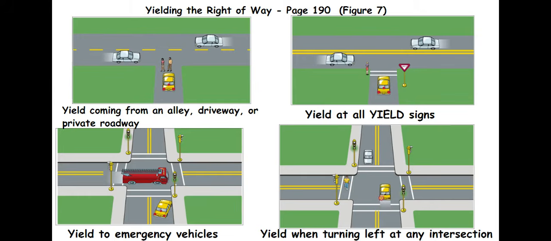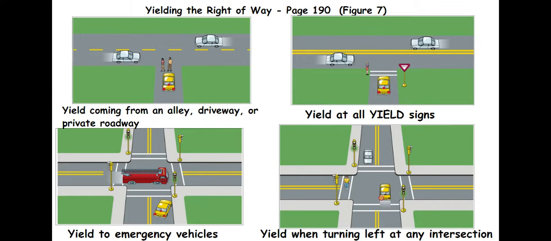In these examples, you now see another type of intersection. The top two refer to a T intersection. One is controlled with a yield sign. One has no control signs. But again, you're yielding the right of way to pedestrians and then crossing traffic.